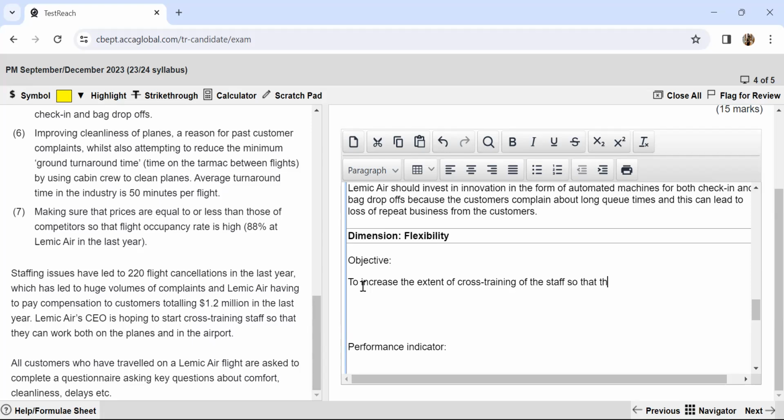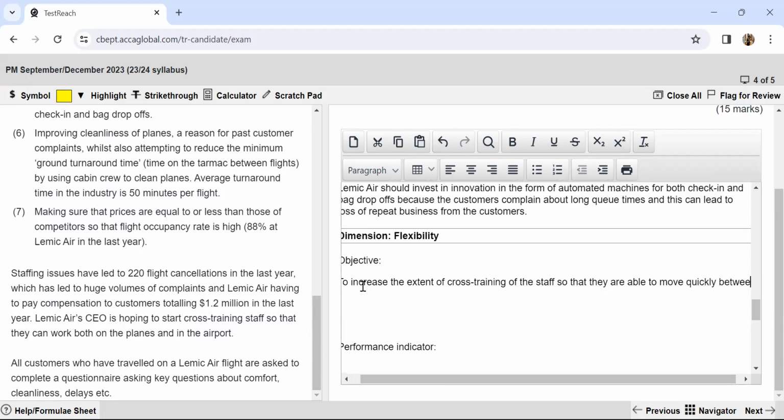so that they are able to move quickly between the airplane and the airport, so that there are lesser cancellations of the flights, right?